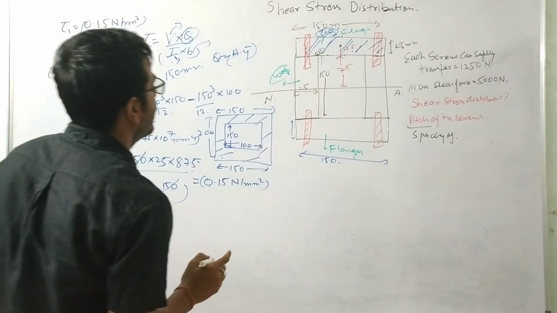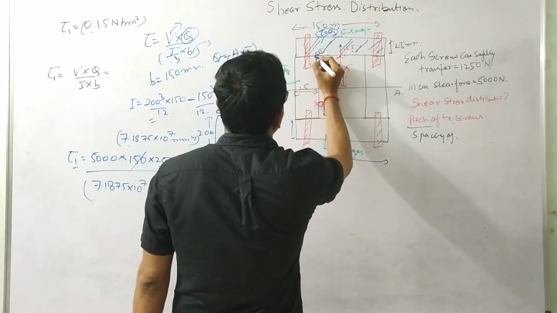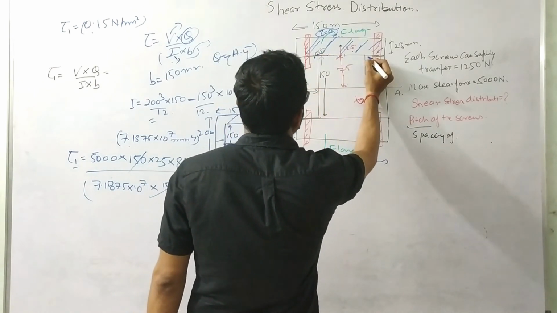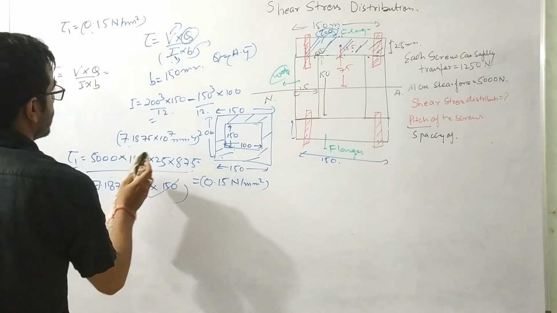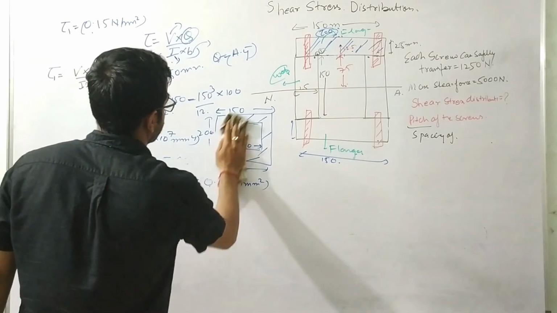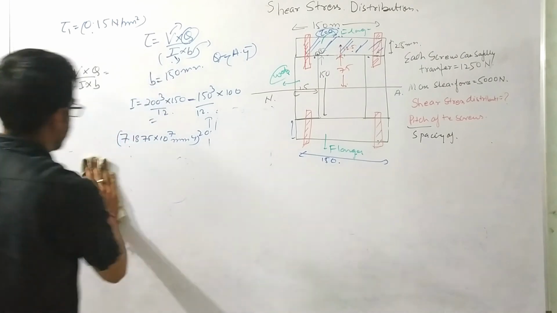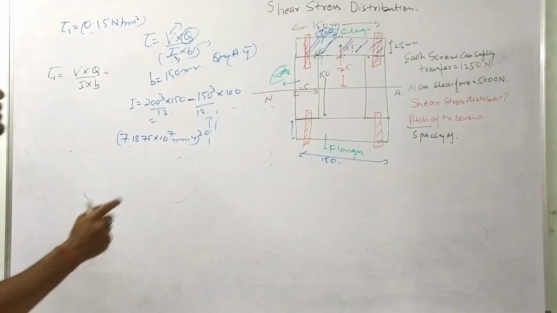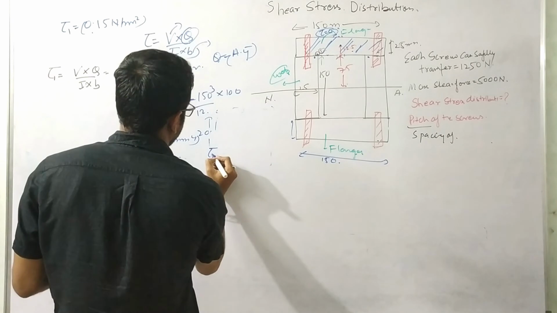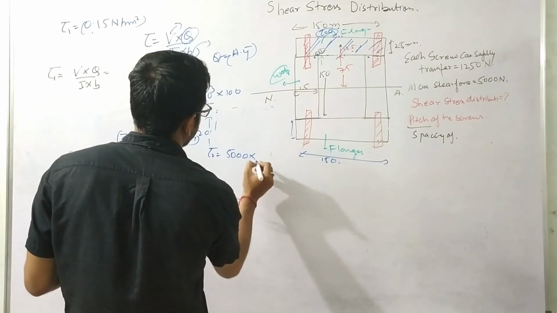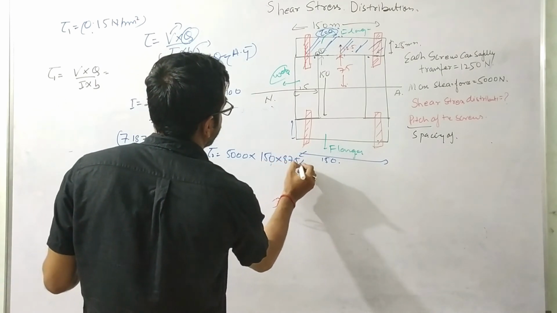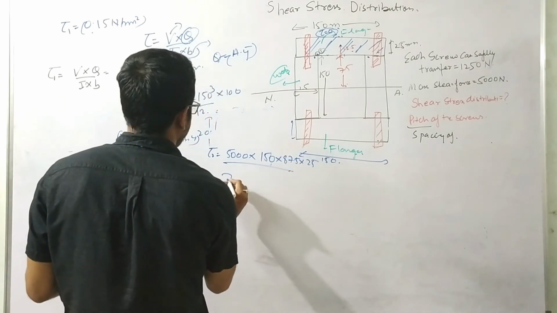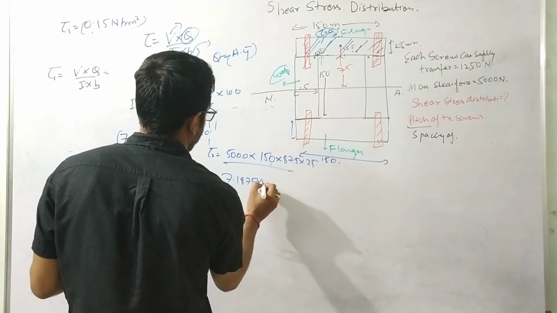Right. Now I will calculate the shear stress for this point just below the junction, tau2. It is 5000 into 150 into 87.5 into 25, the same term, and I will be again the same, 1.875 into 10 to the power 7.